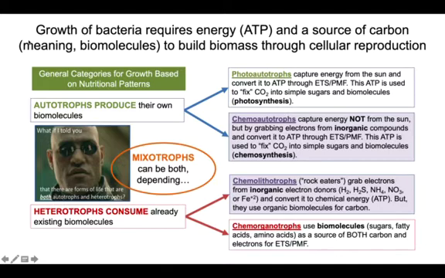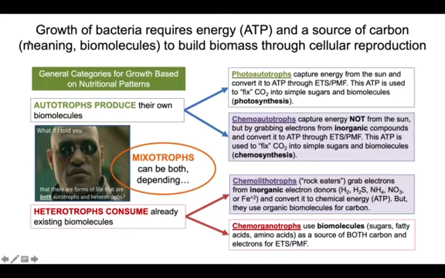So anyhow, in the autotroph category, we have two subgroups. We've got your photoautotrophs and your chemoautotrophs. So I'm going to try the best I can to explain where the ATP comes from, and where the carbons come from with this group that makes their own food for reproduction.